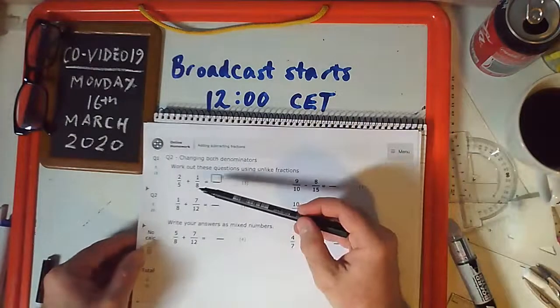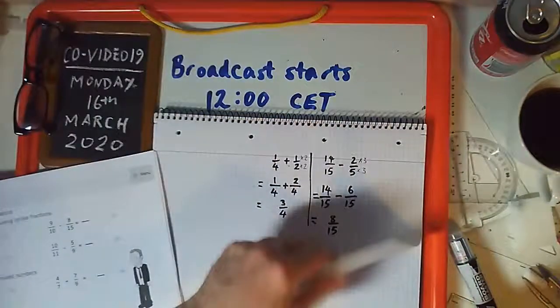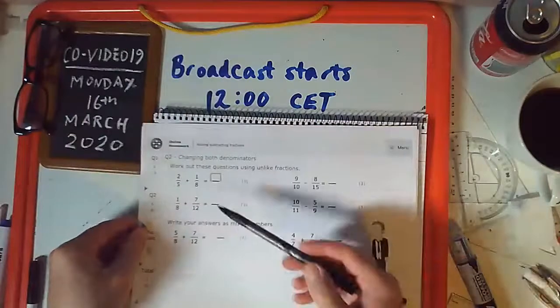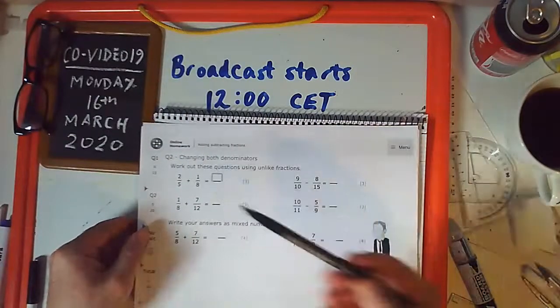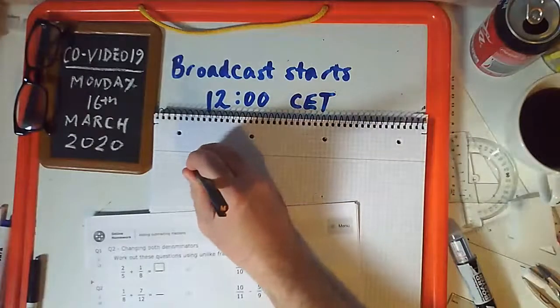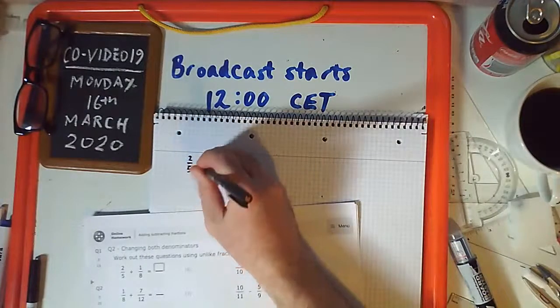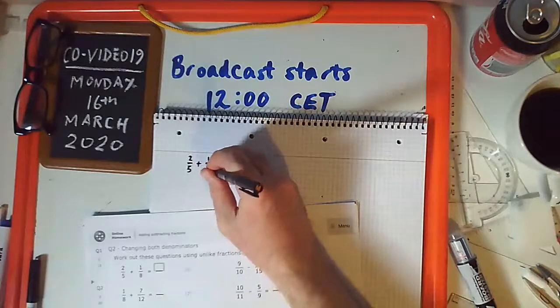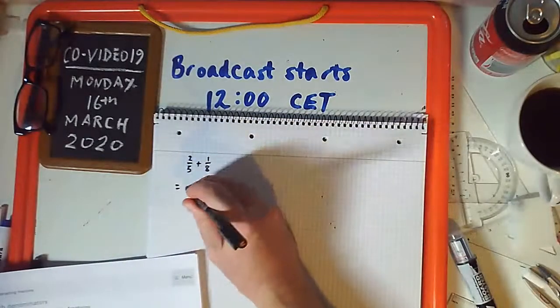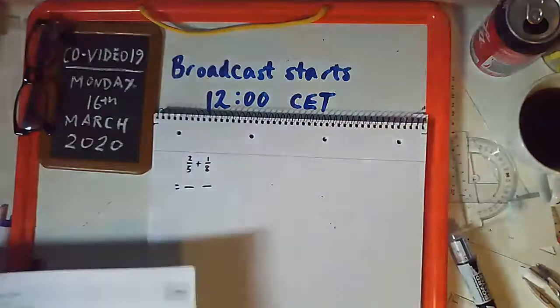Okay, so we've got 2/5 plus 1/8. Let's just do that. 2/5 plus 1/8. So again, your questions will be different because that's how iMaths works. But 2/5 plus 1/8, I need to think of a number that 5 and 8 both go into.